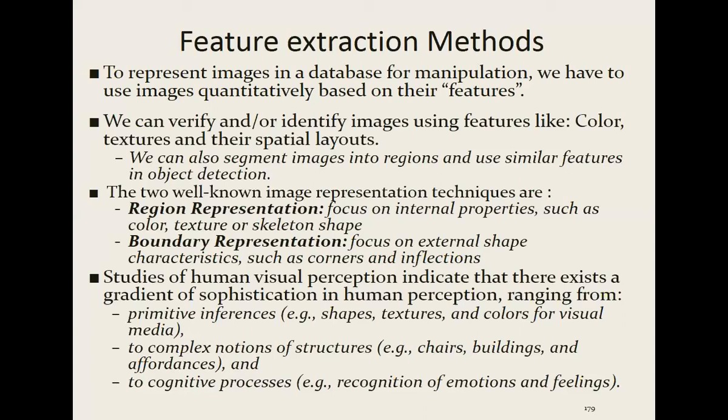Even when we simulate how human beings perceive a given image, what are the things our eye tries to consider in seeing a given object? It starts from primitive representations.